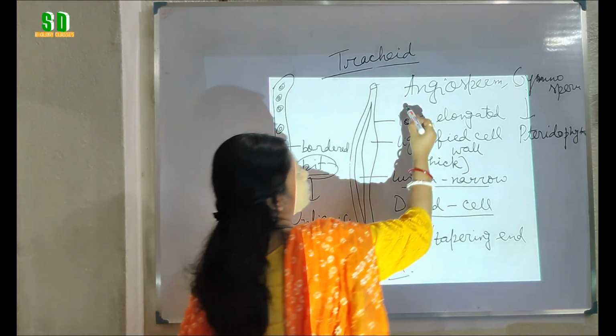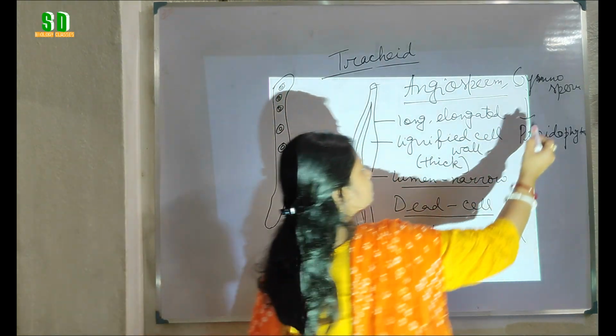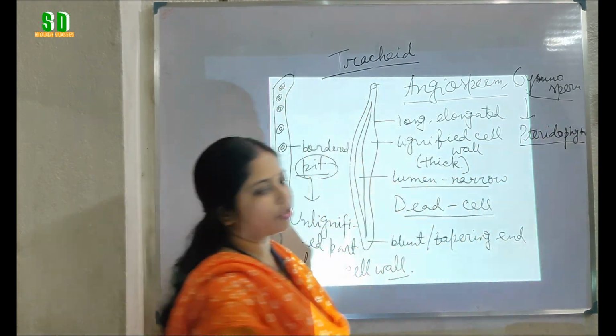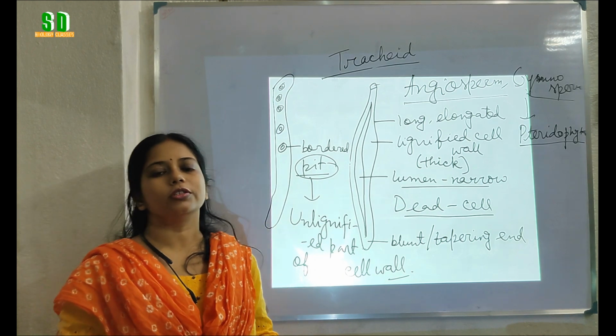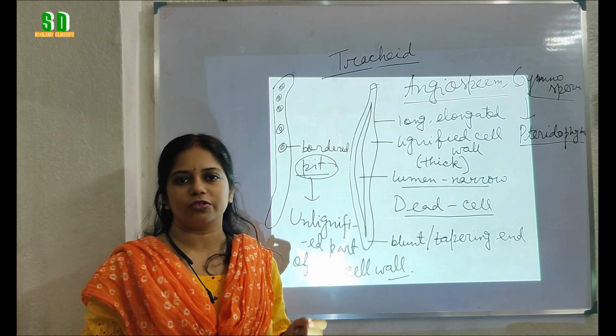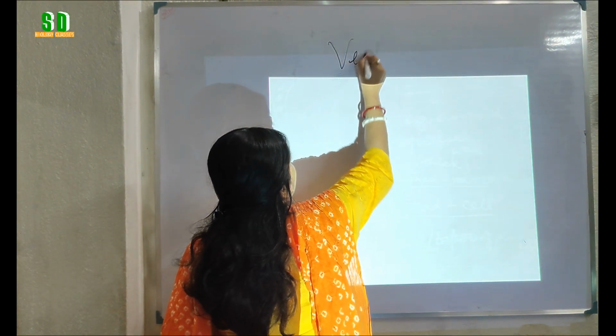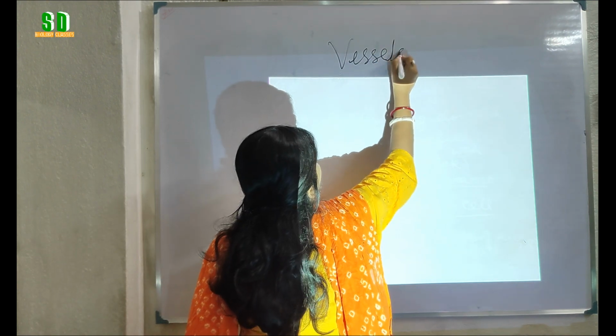So we can see the tracheid in case of angiosperm, gymnosperm, as well as in the xylem tissue of pteridophyta also. So this is the basic idea about tracheid. Now we will know about the vessel. The second member of the xylem tissue is commonly called the vessels.